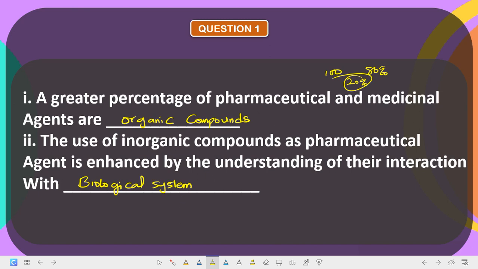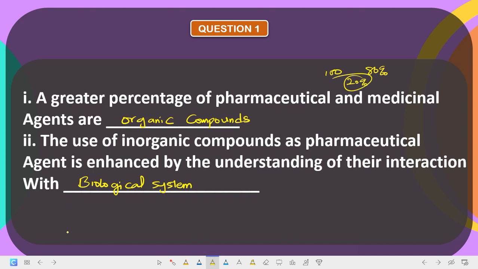And that is the reason why we are studying pharmacy, to study the interaction of these drugs with the biological system. If you understand their interaction with the biological system, then it will be very easy for us to use inorganic compounds as pharmaceutical agents, okay?